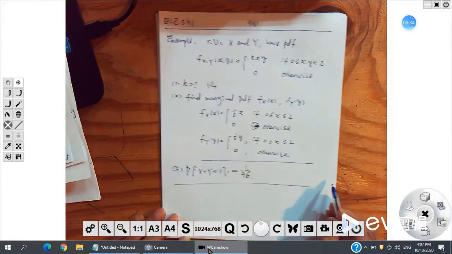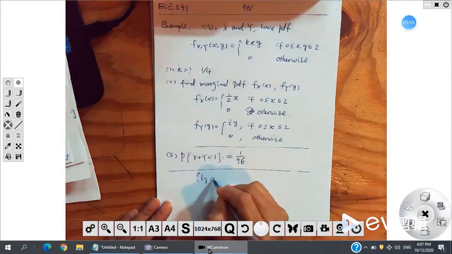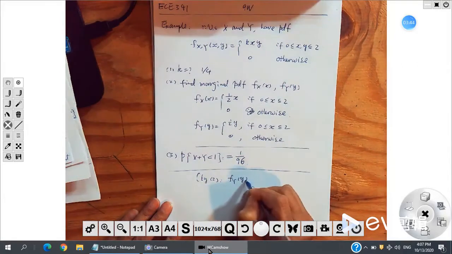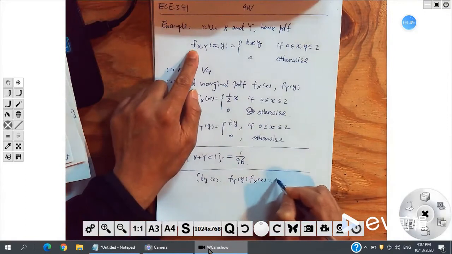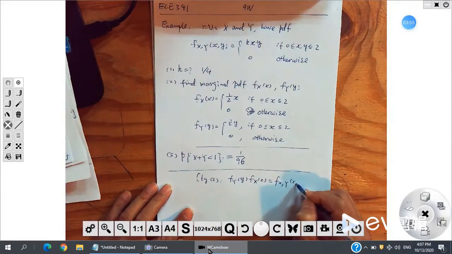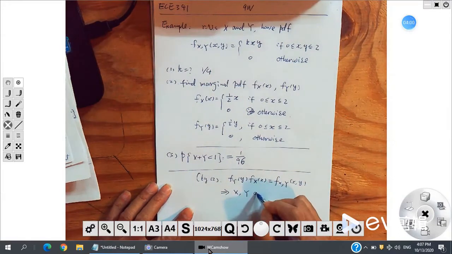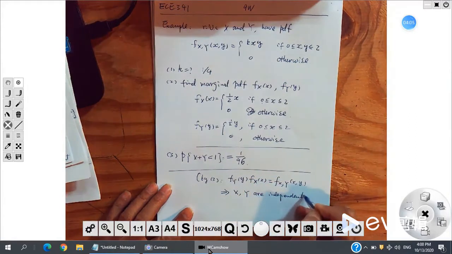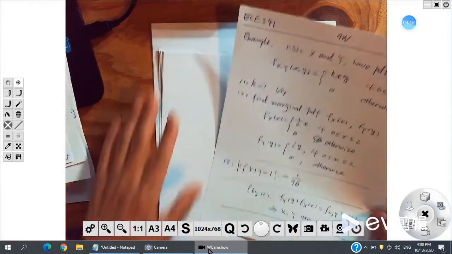And furthermore, we also have the independence: f_X(x) times f_Y(y) equal to the original joint PDF, so we know x, y are independent.